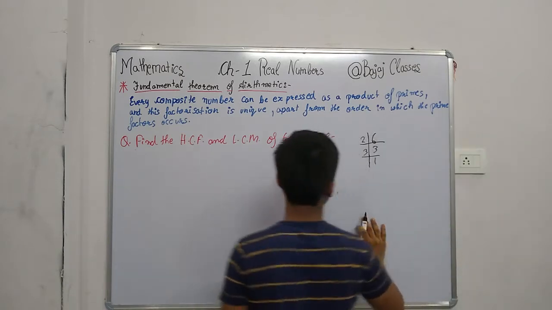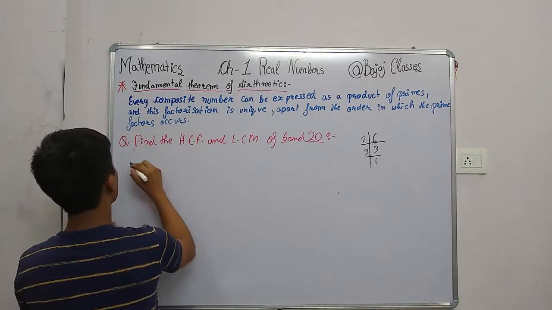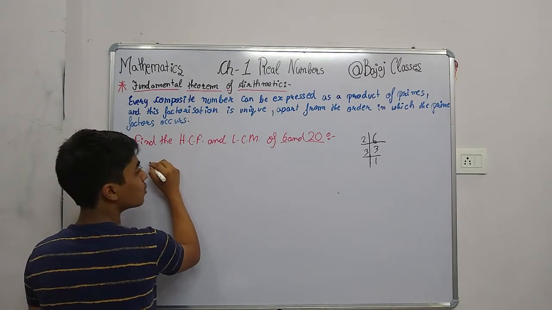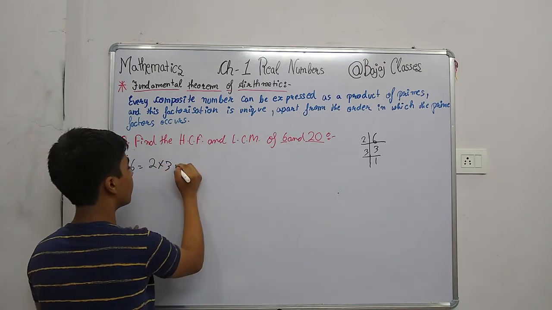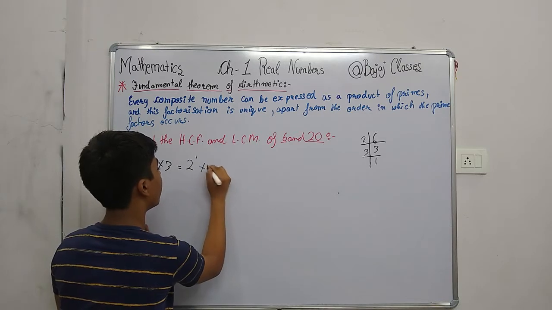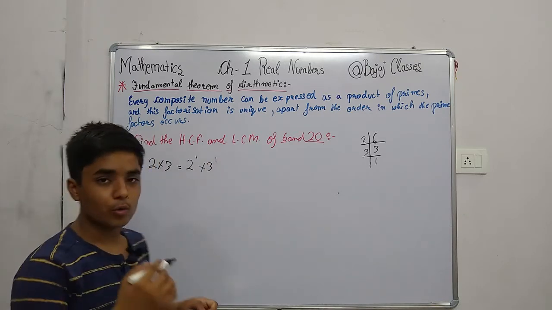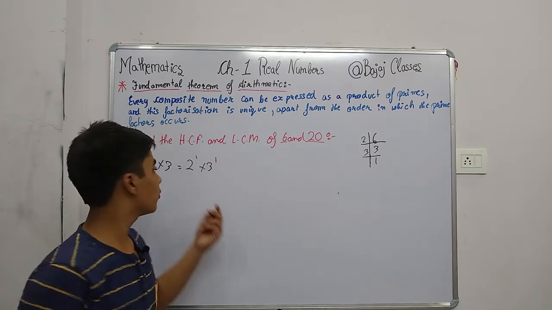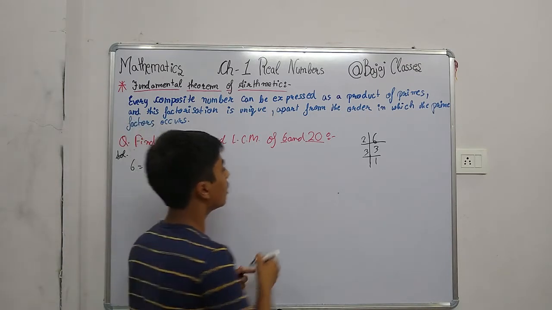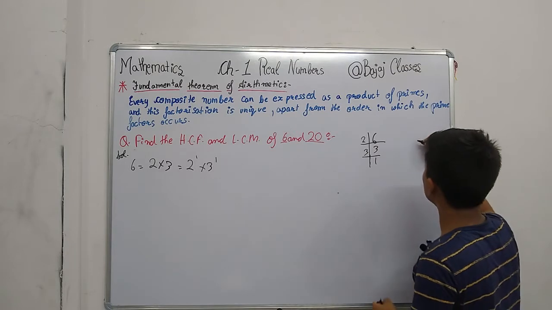So 6 equals 2 into 3, which is 2 raised to the power 1 and 3 raised to the power 1. You have to write the powers in HCF and LCM, so you can take them without powers also.